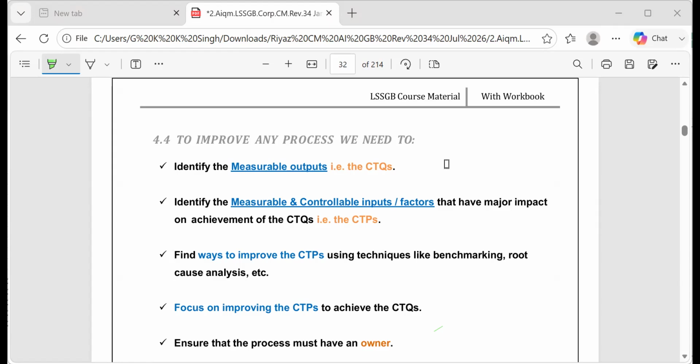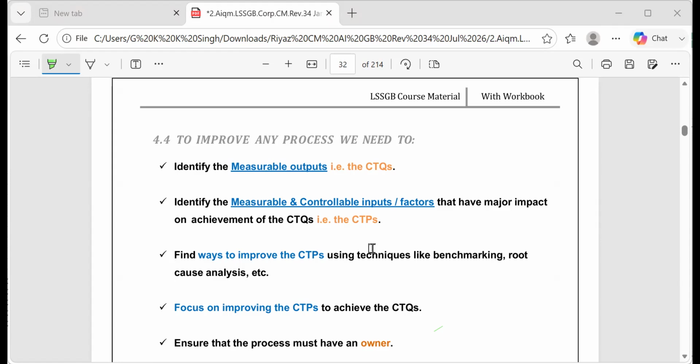And what else did you say? Data collection on time was one thing, then data accuracy. So all these can be measured. So CTQs and CTPs have to be measurable. So identify the measurable and controllable inputs and factors that have a major impact on achievement of the CTQs. Those are the CTPs, critical to process.